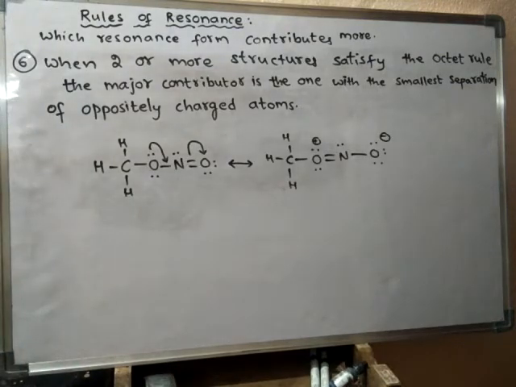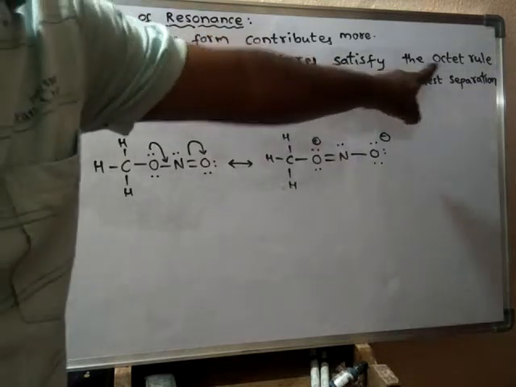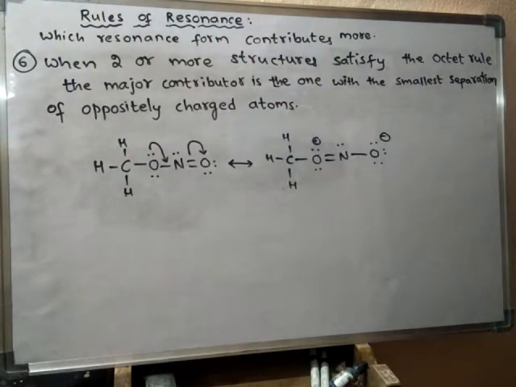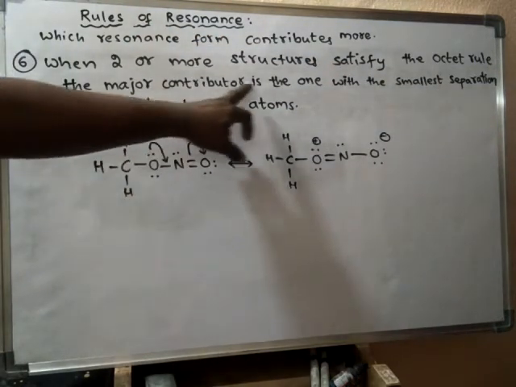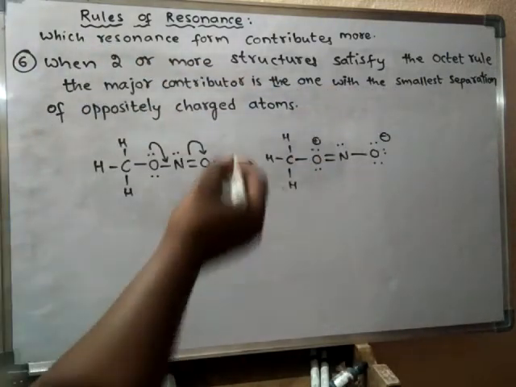Rule 6 says that when two or more structures satisfy the octet rule, the major contributor is the one with the smallest separation of opposite charged atoms.